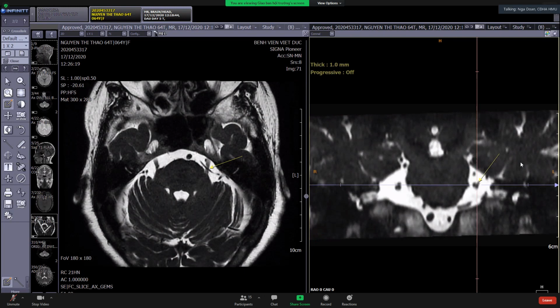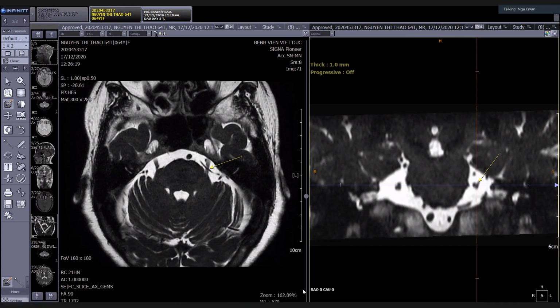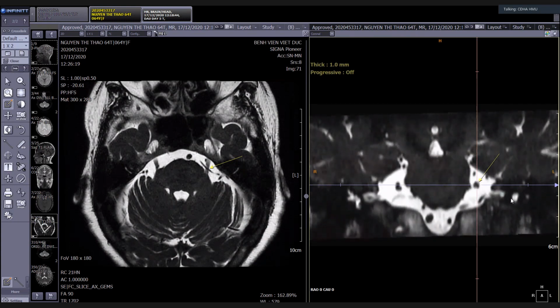The normal is around 4 millimeter. Around 4 millimeter for which nerve? 4 cộng trừ 0,81 ạ. 4 plus or minus 0.81. For which nerve? For the fifth or for the seventh?